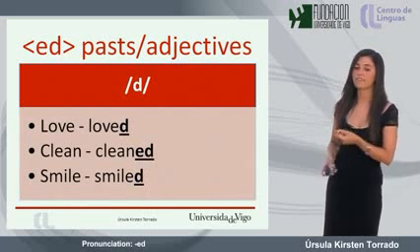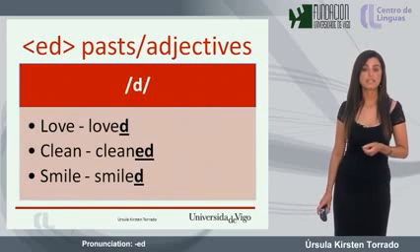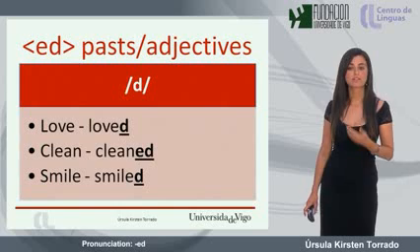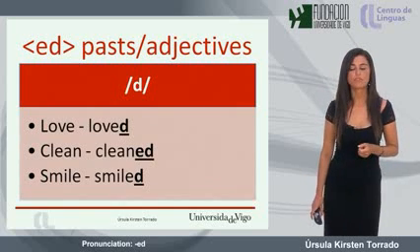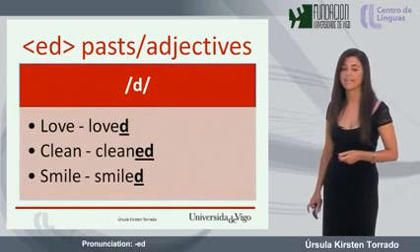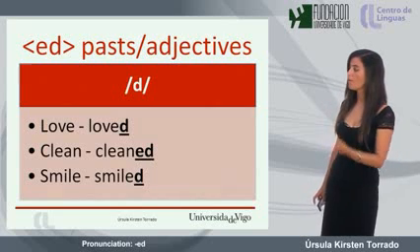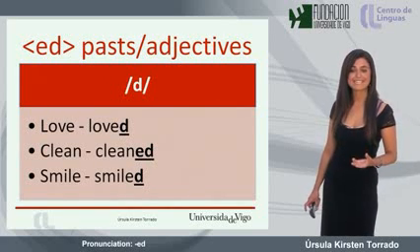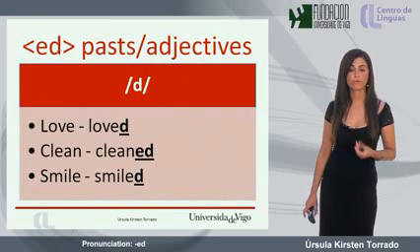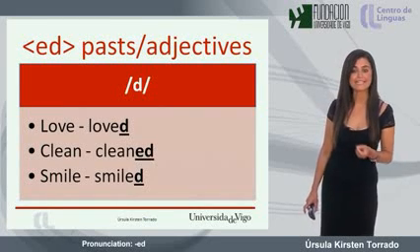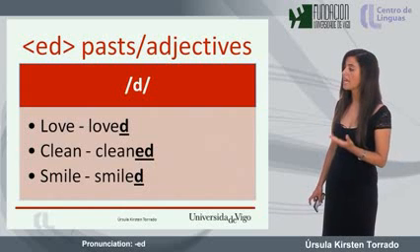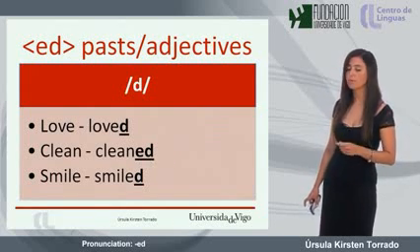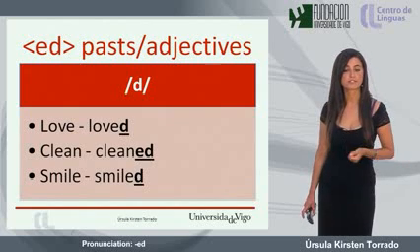So whenever we have a voiced sound, except D, then we need to pronounce the D. For example, love ends in V. Therefore, the past will be loved. Clean ends in N. Therefore, the past will be cleaned. Smile ends in L in pronunciation. So, we need to pronounce smiled.